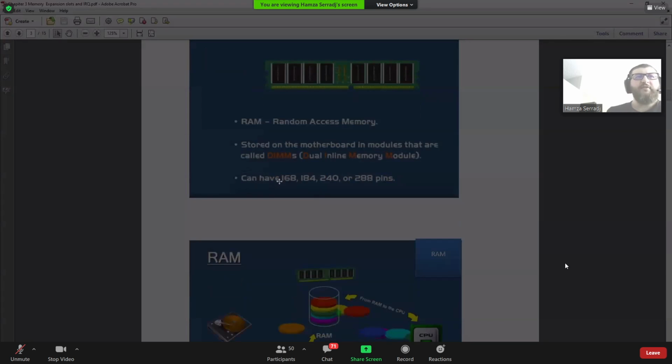They can have several amounts of those pins on the bottom here, right? 168, 184, 240, 288 pins. Those are the pins, right?